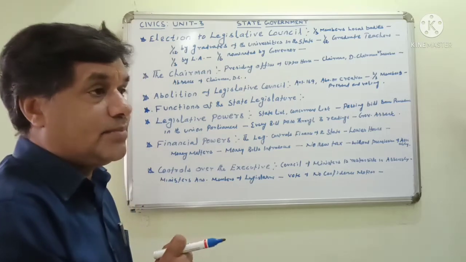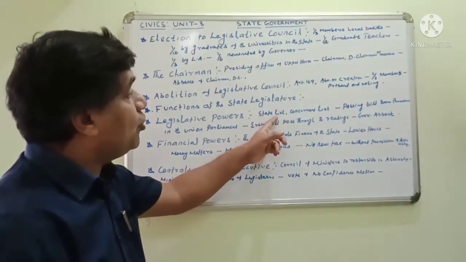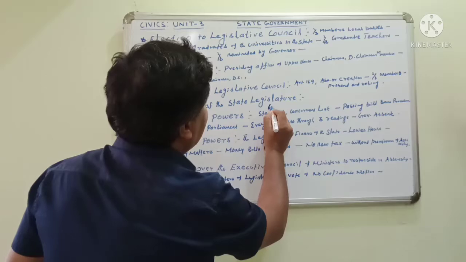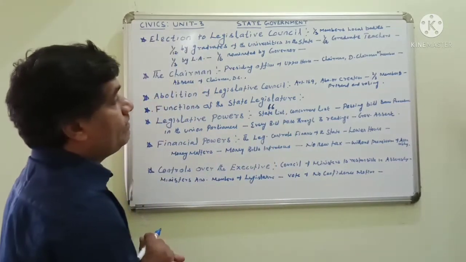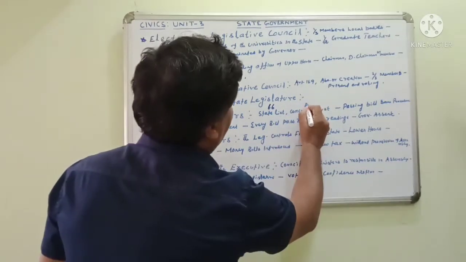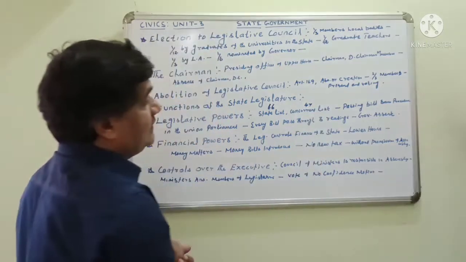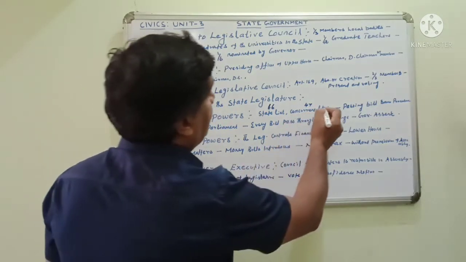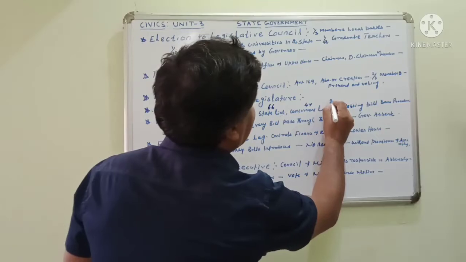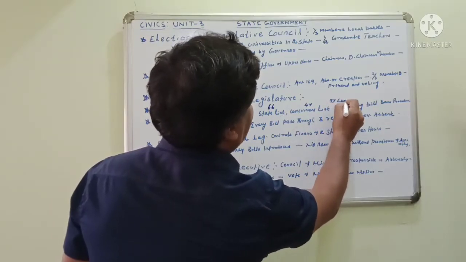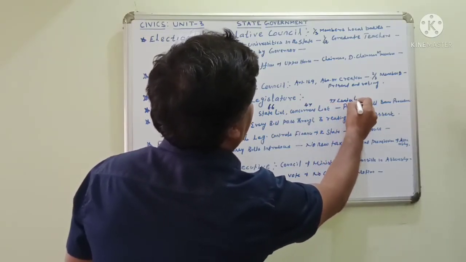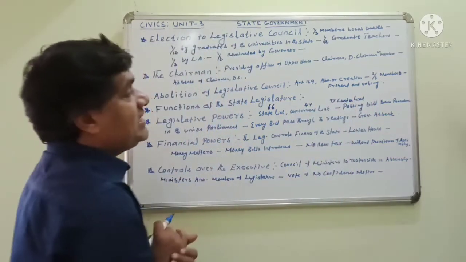The state list has 66 subjects, the concurrent list has 47 subjects, and the central list has 97 subjects.